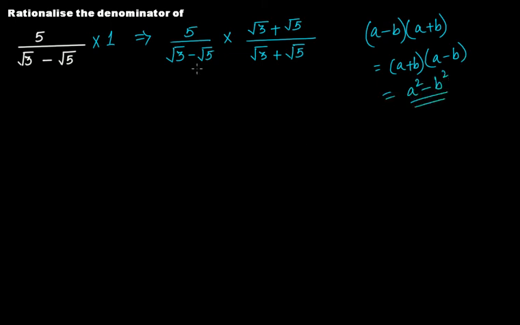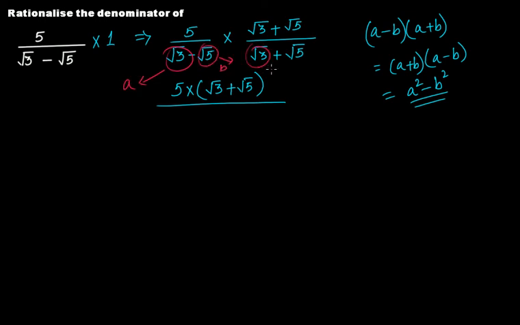So from here, this becomes 5 multiplied by root 3 plus root 5, divided by a squared minus b squared. We have taken a as root 3, and this is b.